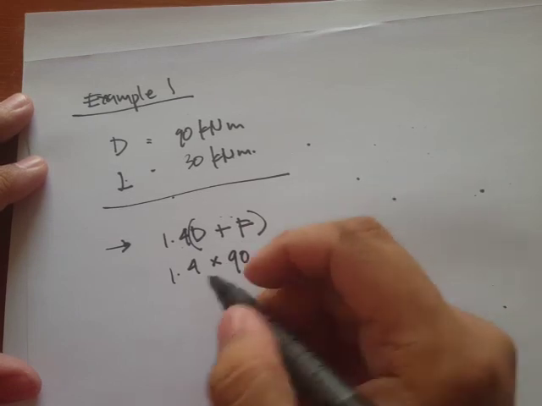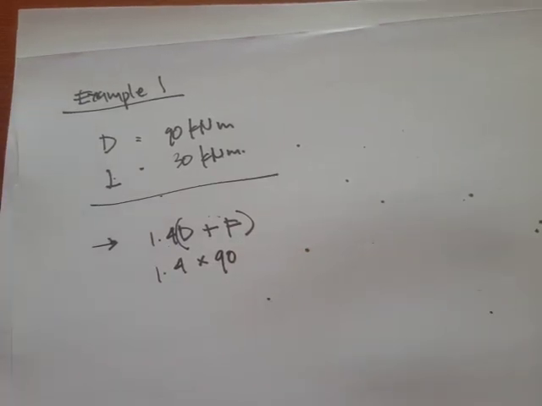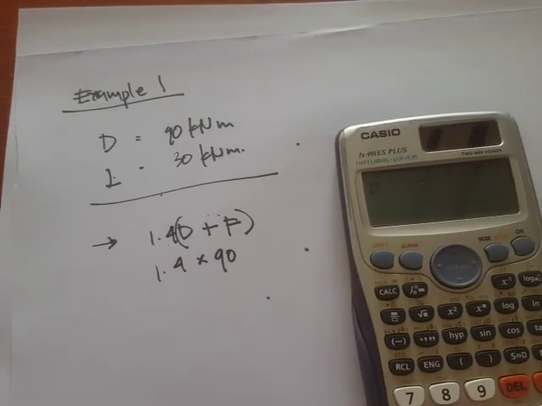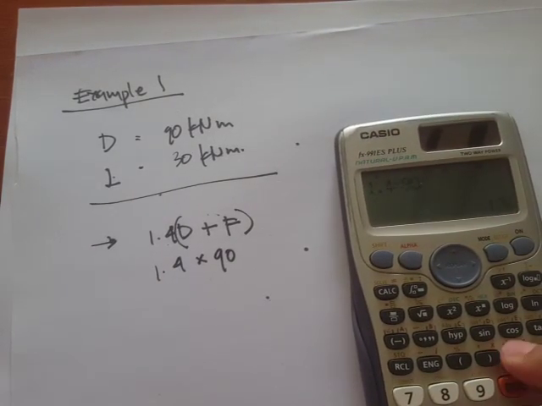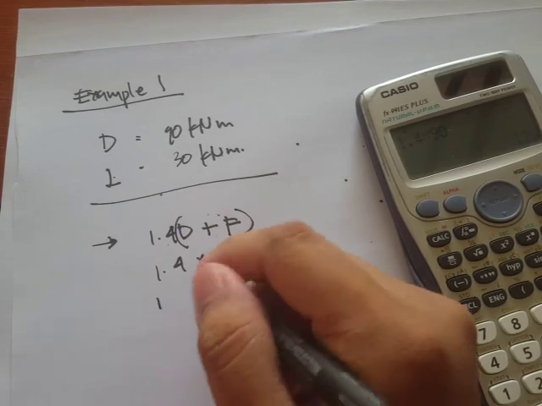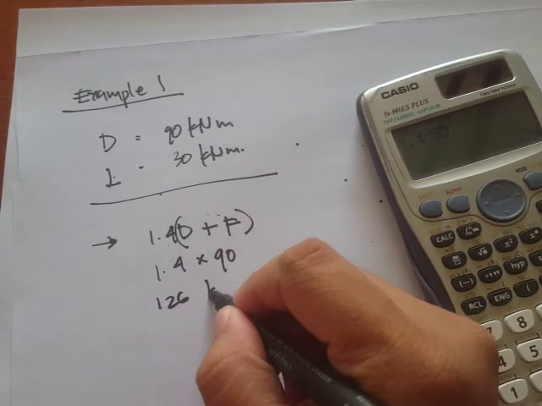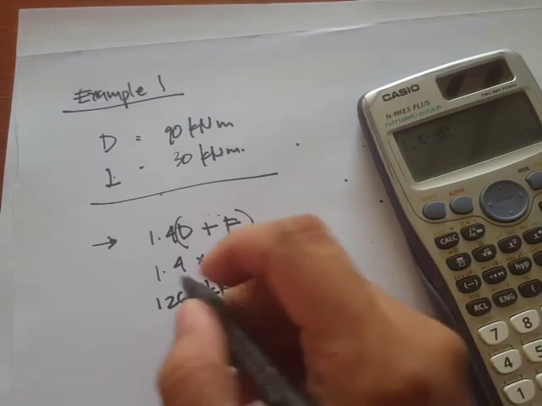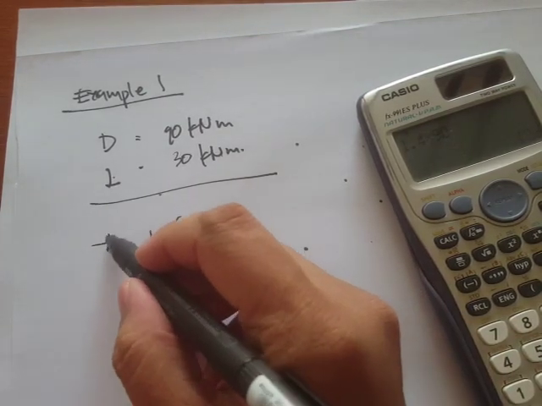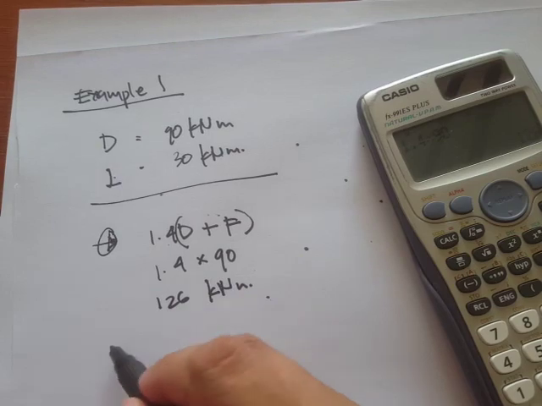Okay, so 1.4 times 90, we have 126. Okay, 126 kilonewton meter. Okay, so that's our load combination. Let's say first load combination.